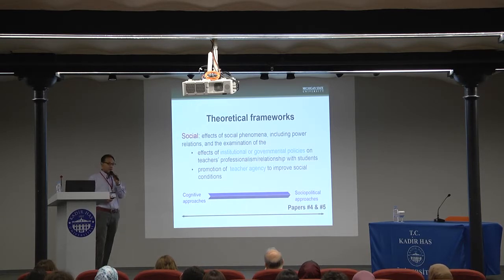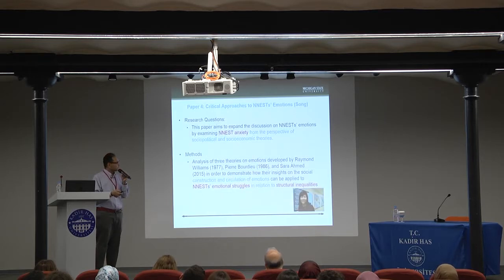If you were to look at it from a social perspective, you'd be interested in things such as the effects of institutional or governmental policies on teachers' relationships with students, and also you'd be keen to promote teacher agency in order to improve social conditions.